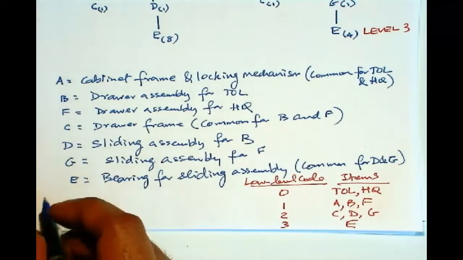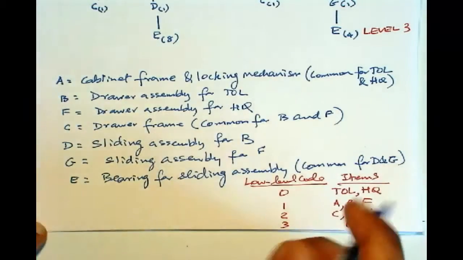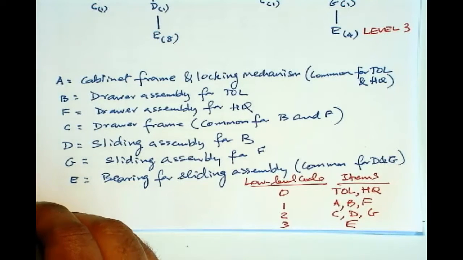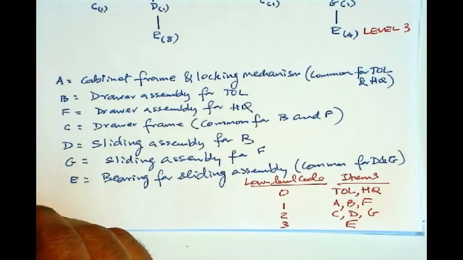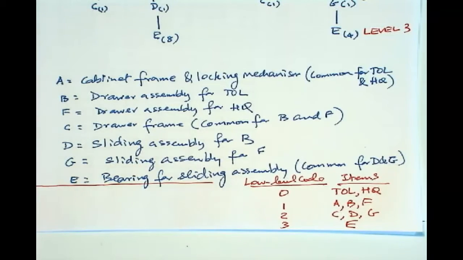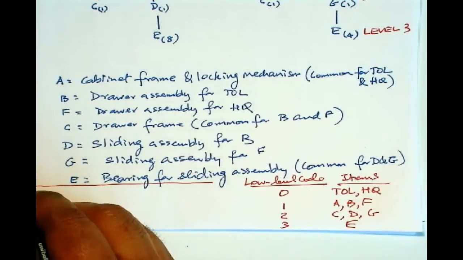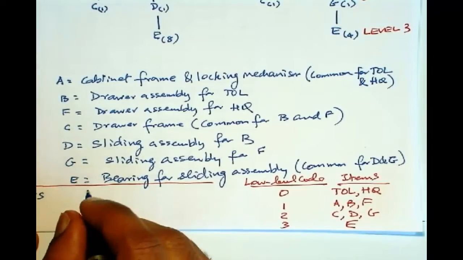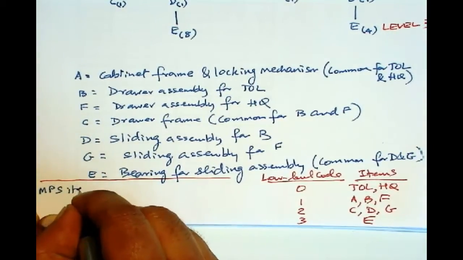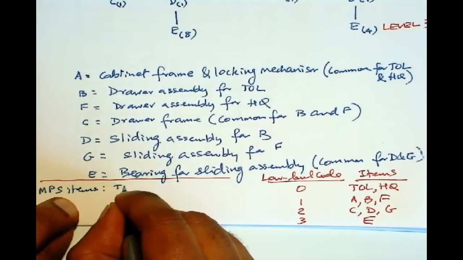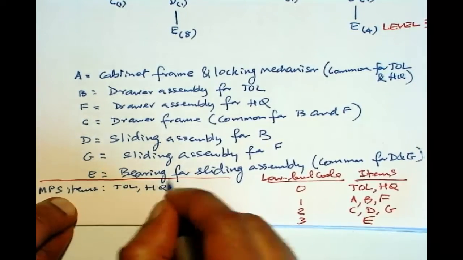So here there is one more concept that we can look at, and that is the top items, the MPS items, master production schedule items. Those are TOL and HQ.